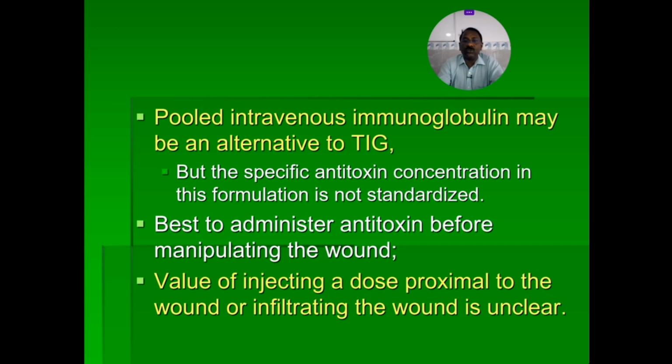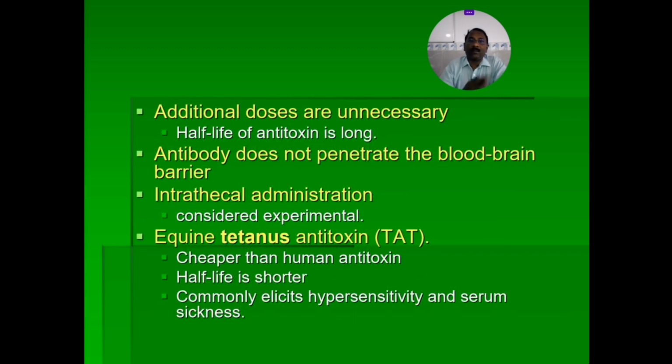The value of injecting a dose proximal to the wound or infiltrating the wound is unclear, but still we give some of the antitoxin injections at the localized area of the wounds. Additional doses are unnecessary, as the half-life of the antitoxin is very, very long. The antibody does not penetrate the blood-brain barrier, so intrathecal administration is considered experimental. We don't give it intrathecally.